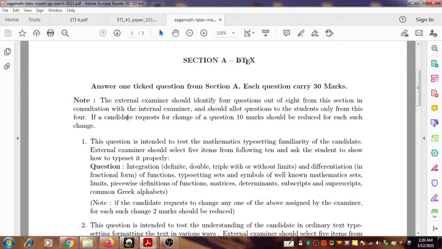The candidate will then be requested to do the practical on one of the 4 selected questions. One question will be given to the student.